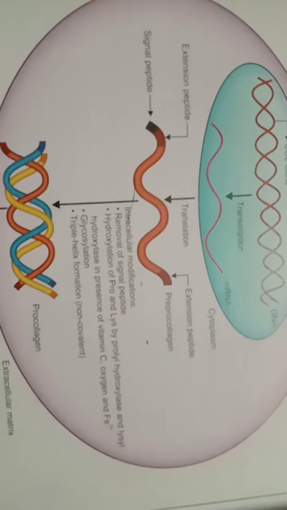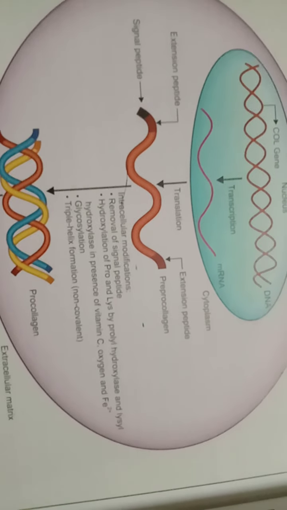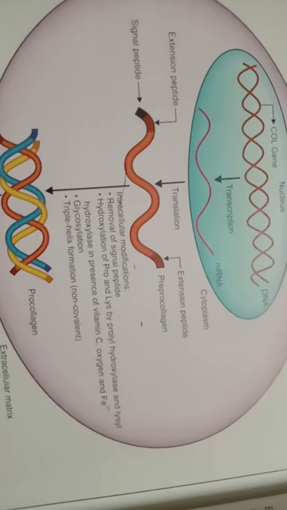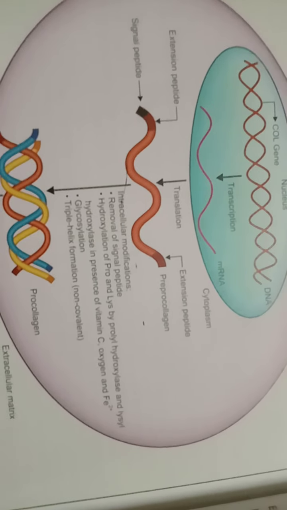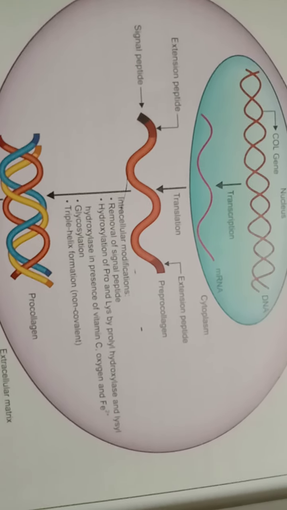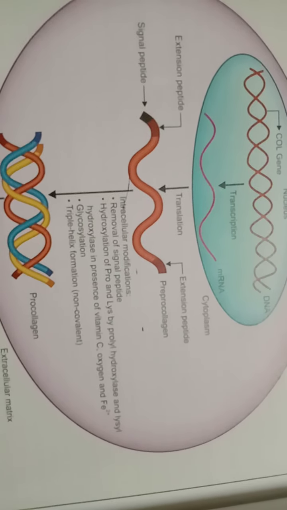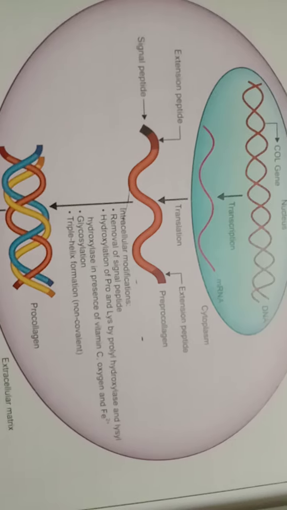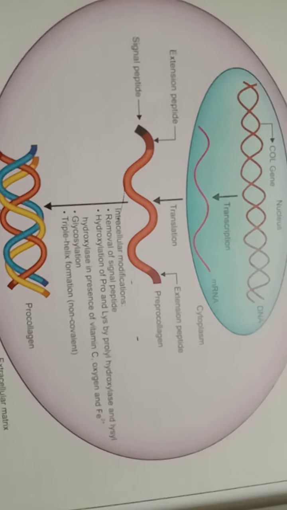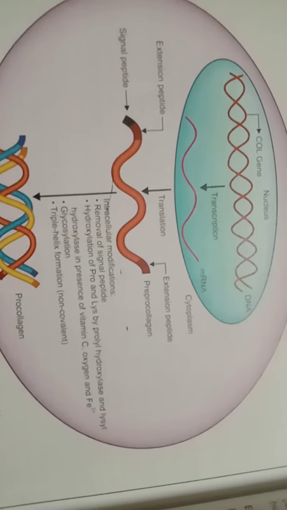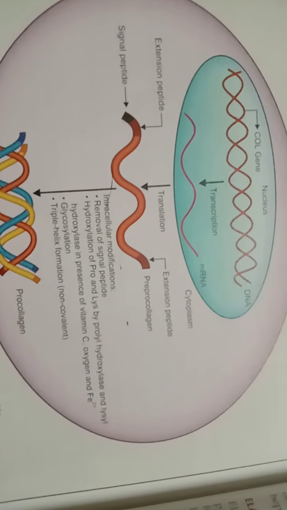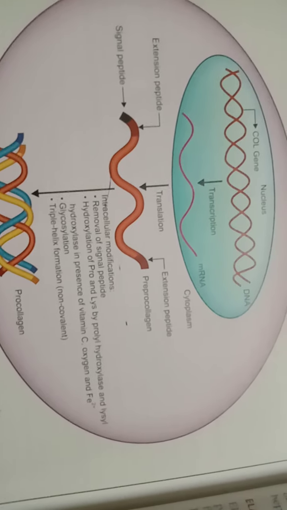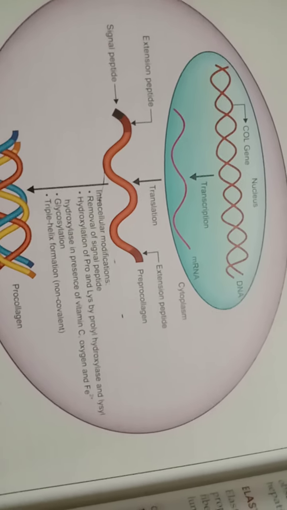Now here mainly we will see one point. In the messenger RNA you see the signal peptide on the left side, and on the right side there is an extension peptide. Now this messenger RNA will change into the polypeptide chain through the translation process, and this polypeptide chain, that is pre-pro-collagen, has an extension peptide and signal peptide.